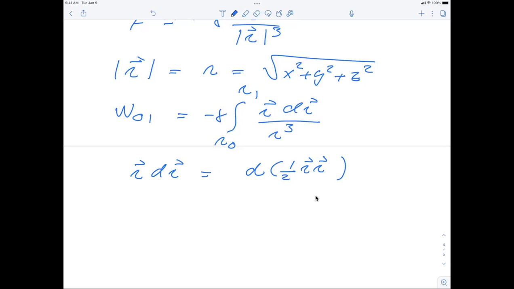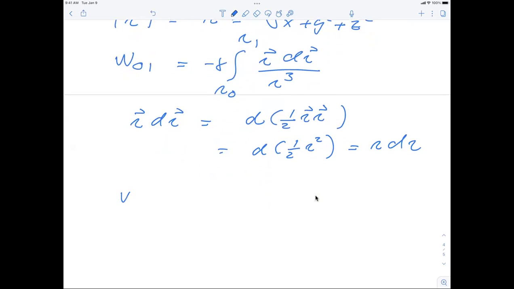So we can rewrite this as d of 1/2 times r squared. And if we take the derivative of that one, because r vector times dr vector is also a scalar, so just a number, this is again equal to 1/2 times, sorry, we don't have the 1/2 because we are taking the derivative of r squared. So this is simply equal to r times dr. So when we go back to the integral then, what we have is this W from 0 to 1 is equal to minus gamma.